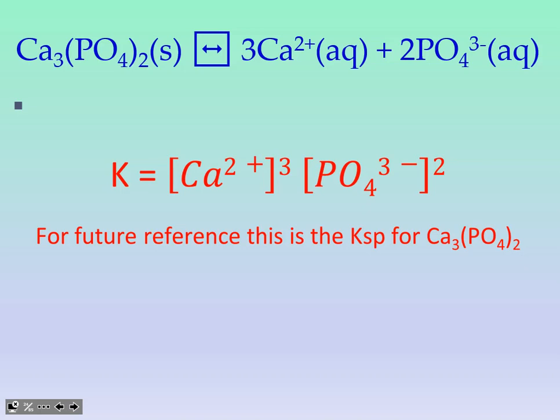And yes, you're going to raise the calcium to the third power because of the 3 here and the 2 here. But this is actually Ksp, the solubility product for this particular one. There is no denominator because the only reactant happens to be a solid. So we will talk about Ksp next week, though. All right, on to the next topic.